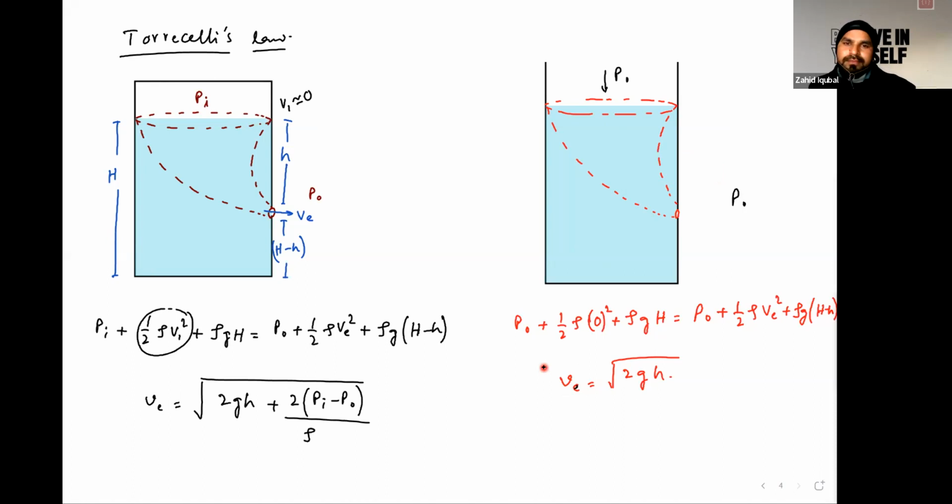Samaira, if this entire tank is falling under the effect of gravity, so what will be the velocity of efflux? It will be equal to this only. Just tell me, what will be the net acceleration of any freely falling body?